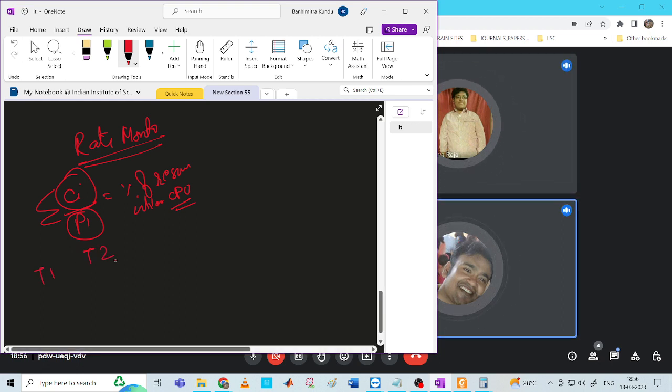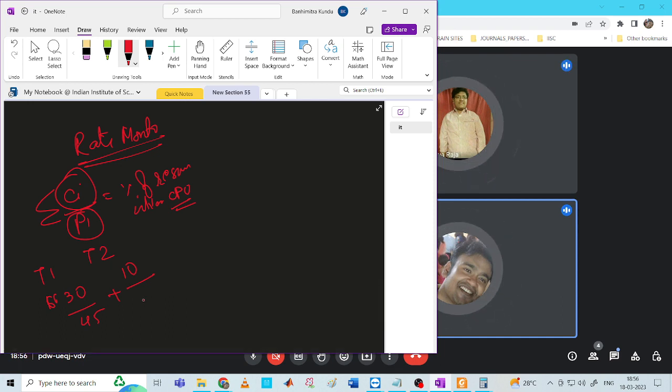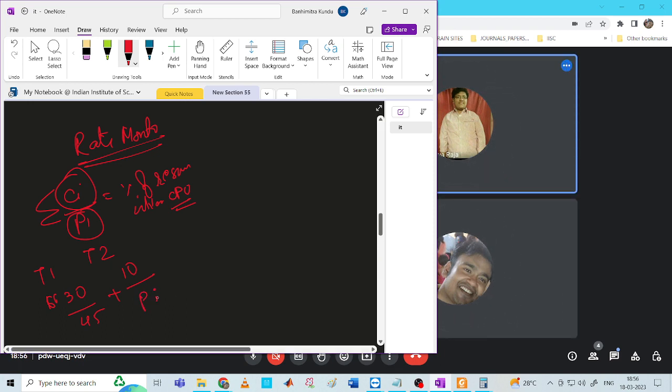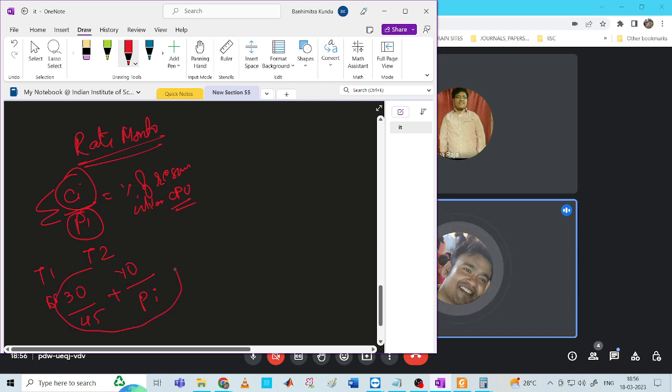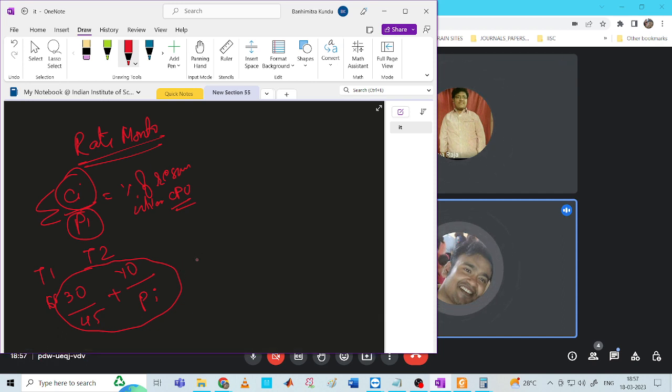One has a burst time of 30 and a period of 45, and the other has a burst time of 10, which is one third of the burst time of the first, and a period Pi which we don't know. Given this condition, the CPU is engaged 97% of the time, so this equals 0.97.